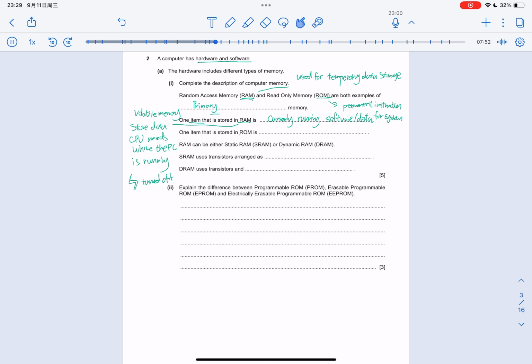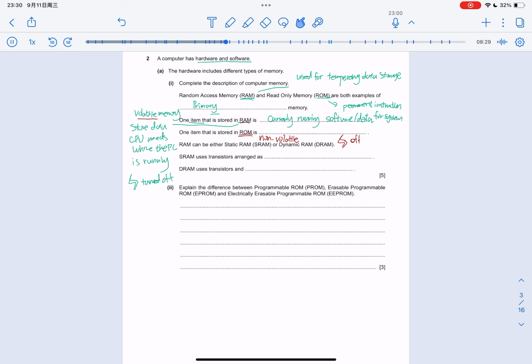Okay, ROM is different from RAM. RAM is a volatile memory store, and ROM is permanent data and instruction store. So it's also called non-volatile, which means the data stored in the ROM is still there even when the power is shut off.